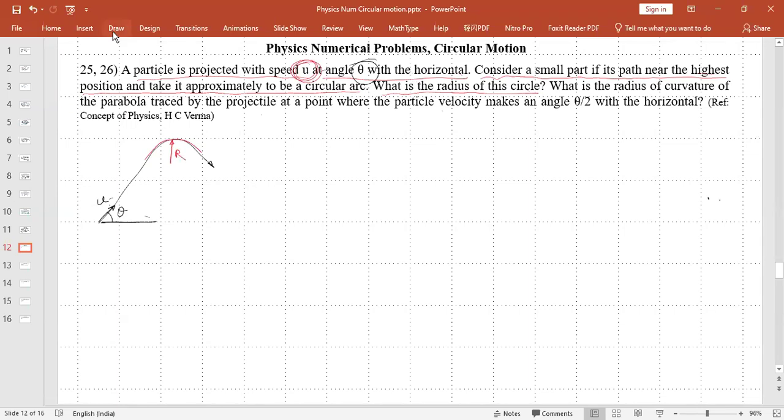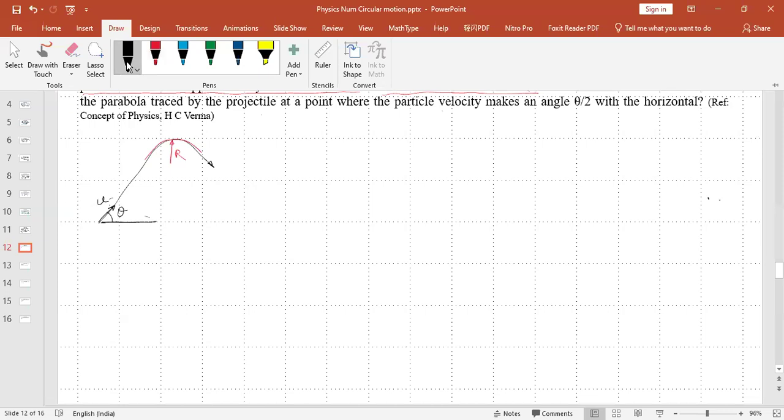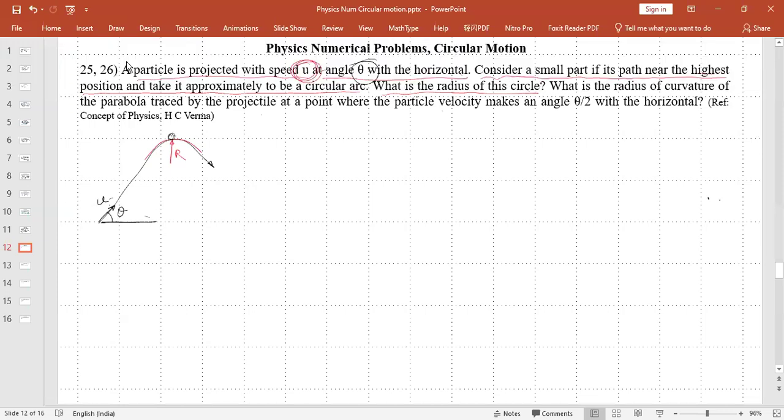Now when the body is here, what is this? Is this the horizontal velocity? If the horizontal velocity of the projectile is u, this velocity is u cos theta. Why?